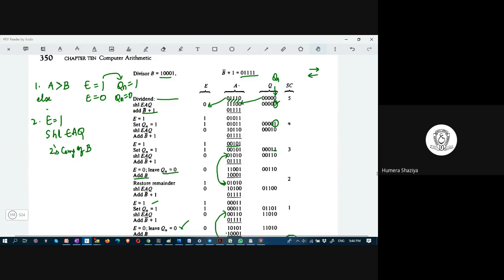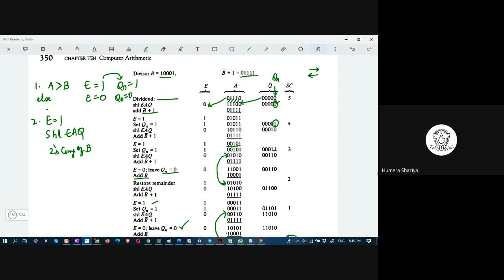In fact, it is because the part of A is smaller than B, E is 0. You obtain the E value by shifting left AQ values.